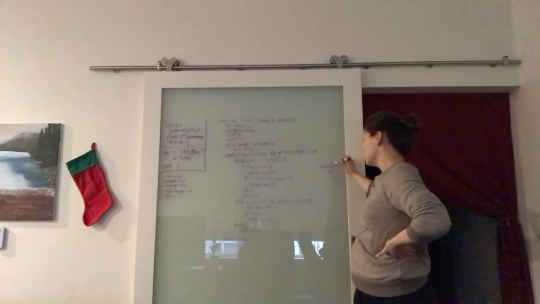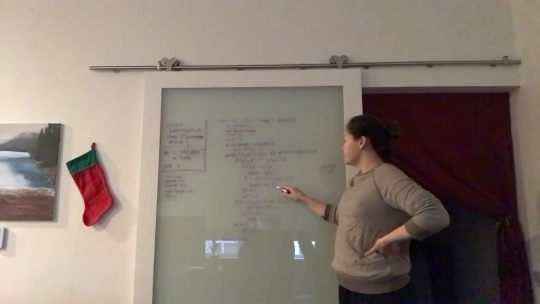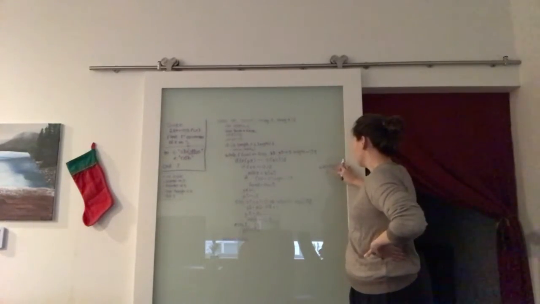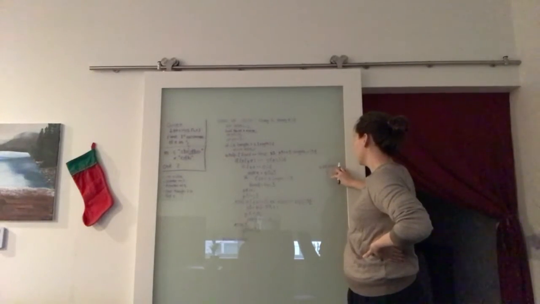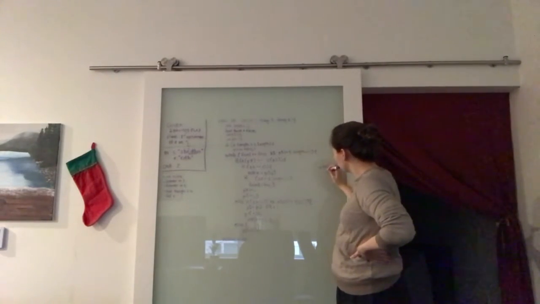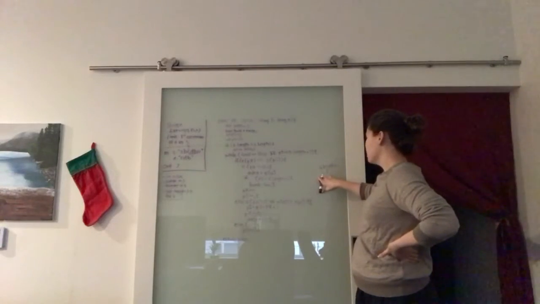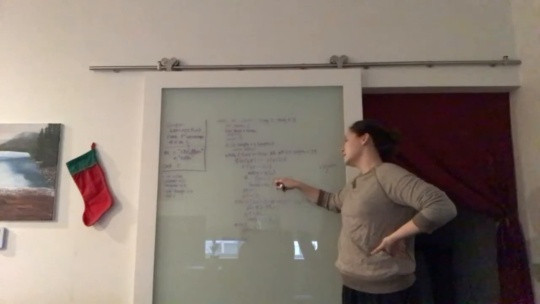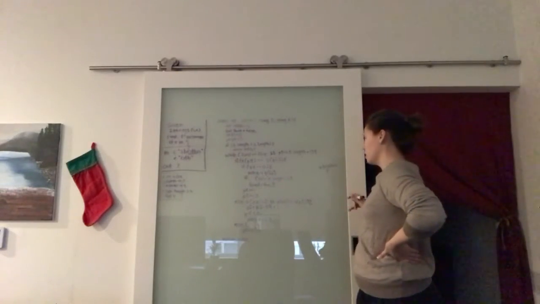However, if x is just the character c, then in this scenario it's both 0 and equal to the length minus 1.